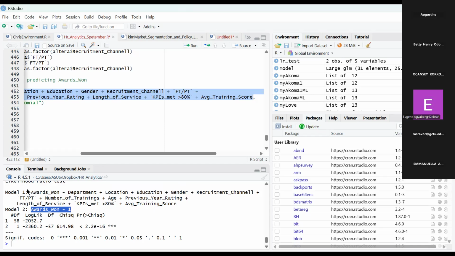There's the model that you have. Then model 2 is just the estimated model. So you are finding out, is there a significant difference between these two models?